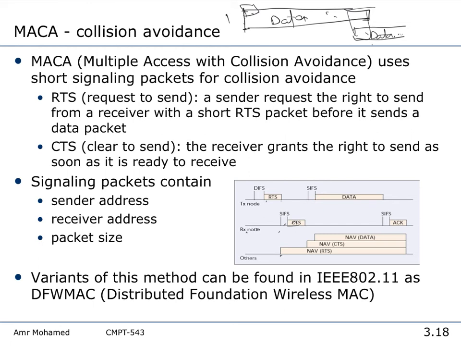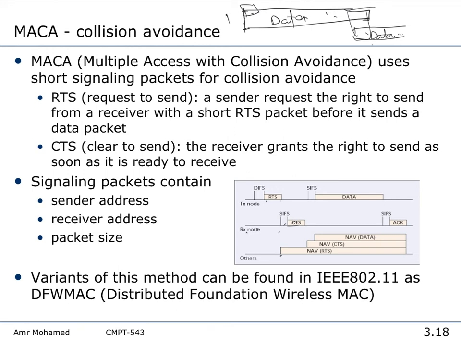Then and only then, if the transmitter receives clear to send, it sends the data. So in order to send one data transmission, we have to send RTS, receive CTS, send data, and receive acknowledgement. Why acknowledgement?